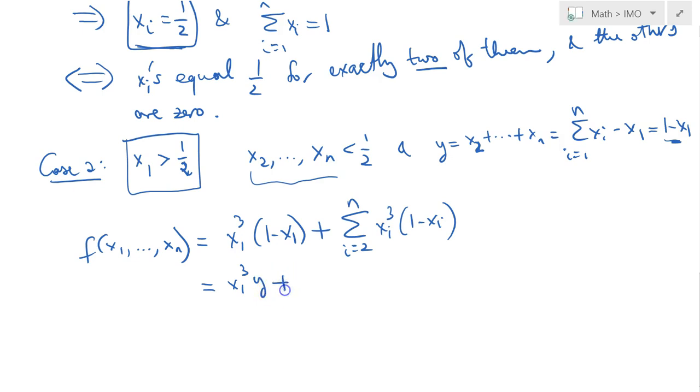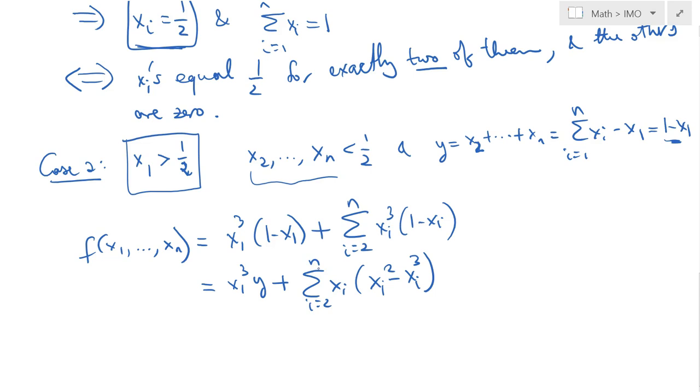plus, let's factor inside xi as xi times xi squared, and then I'll take the xi squared inside, so this is the summation of xi times xi squared minus xi cubed, i equals from 2 to n.